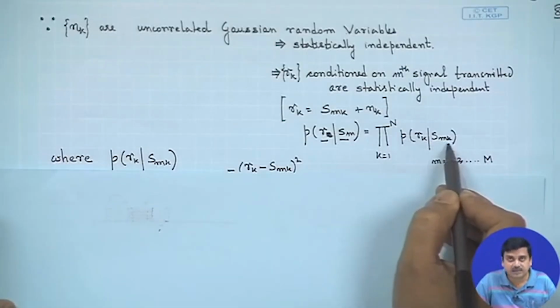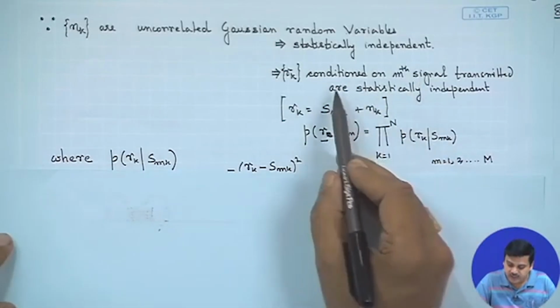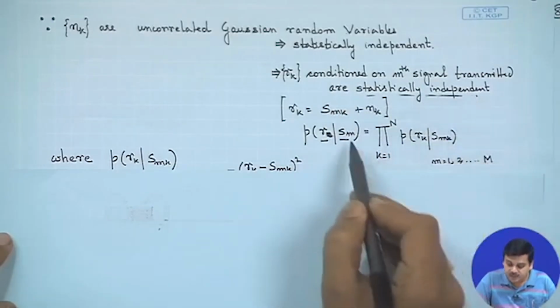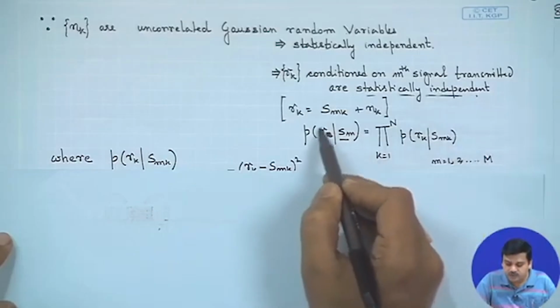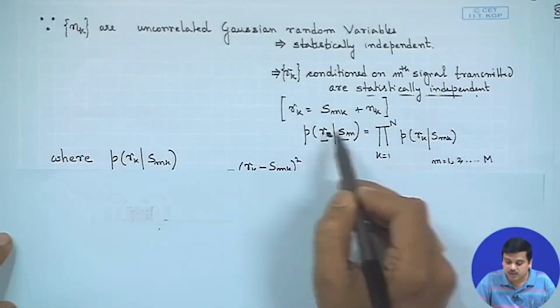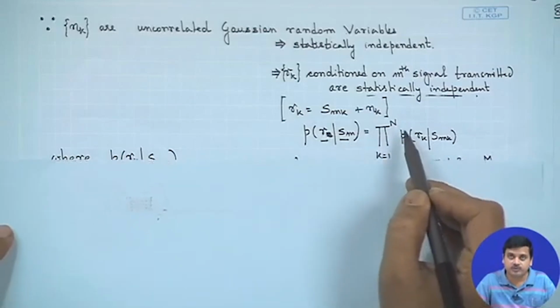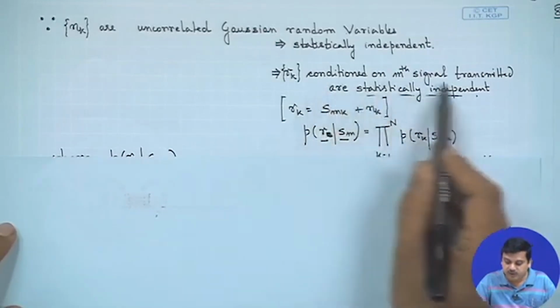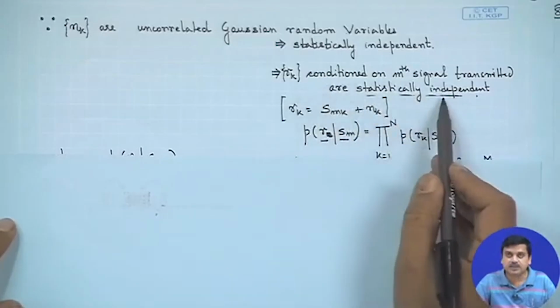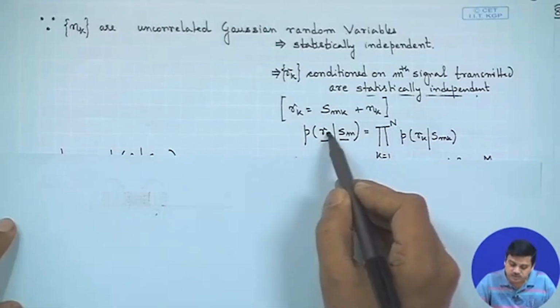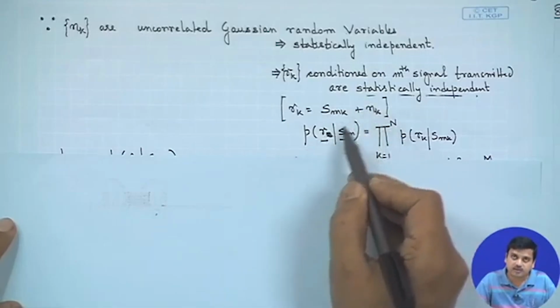So, S m means S m k. Since these are statistically independent, the joint distribution of these components of R turns out to be the product of the marginal distributions. So, we have used that. If we could not state that these are statistically independent, then we would have had to find the joint distribution of the k components of R, right.